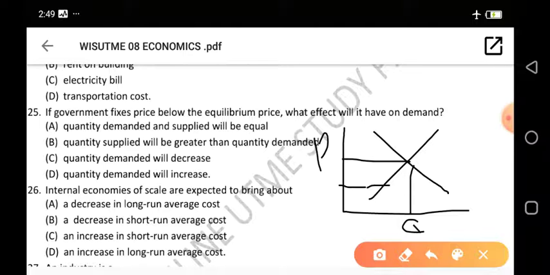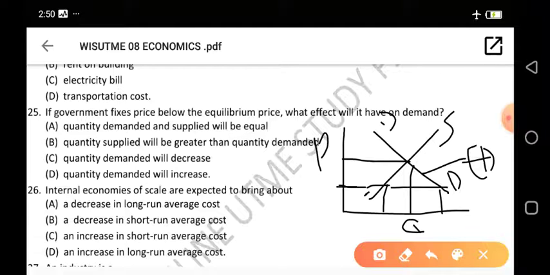This is your demand and this is your supply. Taking note of the law of demand and supply, if the price reduces, demand will be more. You can see supply is low and demand is high, so we have what we call excess demand. Supply is low because the law of supply states that the higher the price, the higher the quantity supplied, and the lower the price, the lower the quantity supplied.